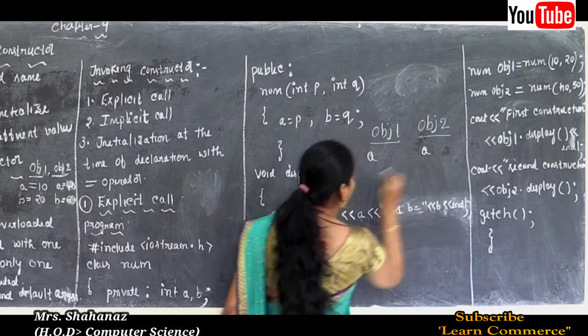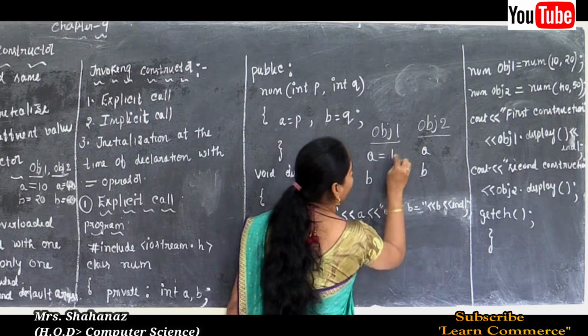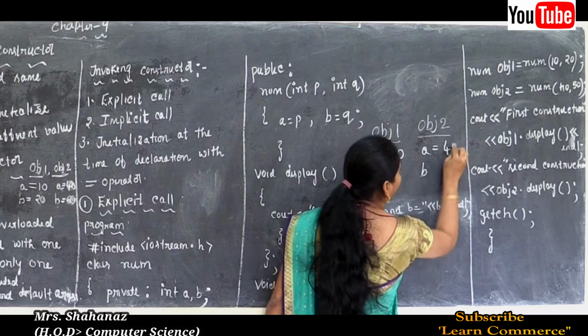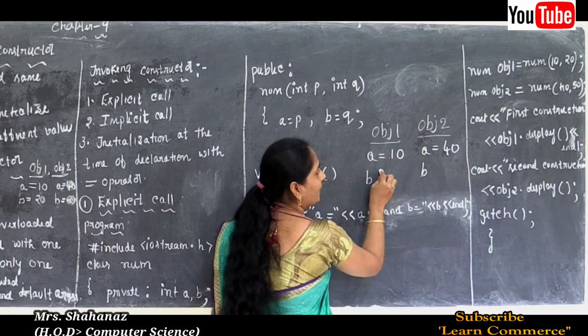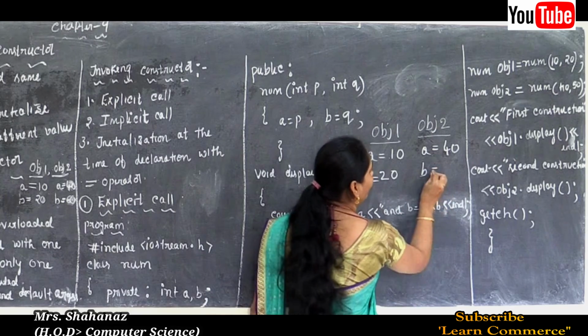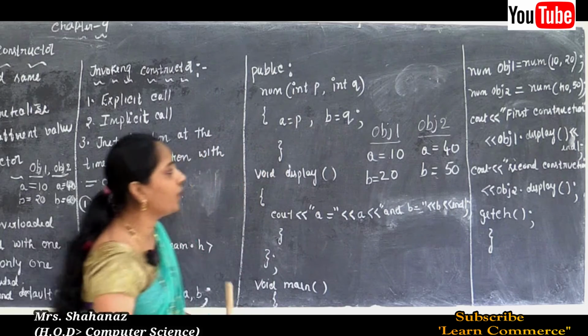In both, A and B values are there, but in object 1, a value is going to display as 10, and next, object 2 value is going to display as 40, and obj1 b value is going to display as 20, and next, obj2 b value is equal to 50. Clear this point here? Why?